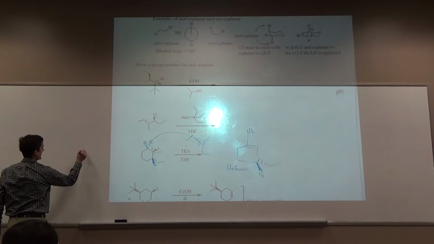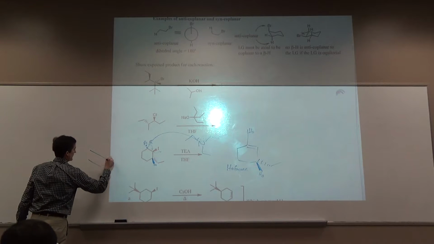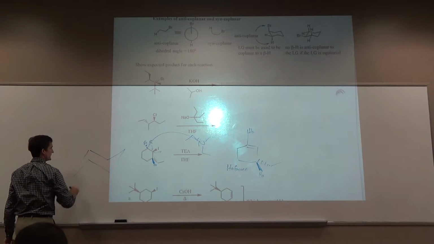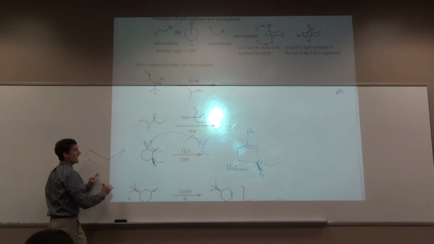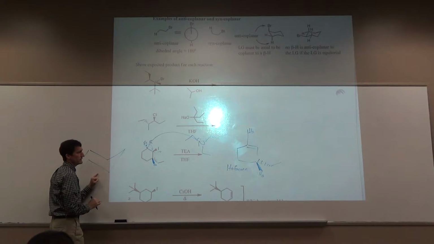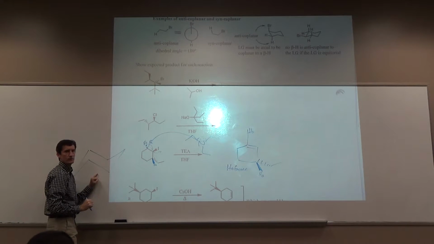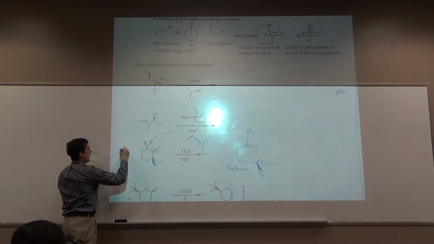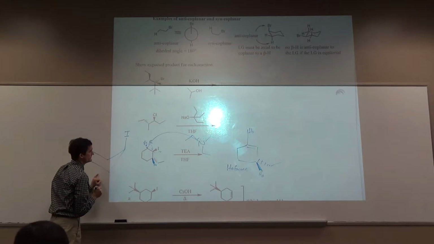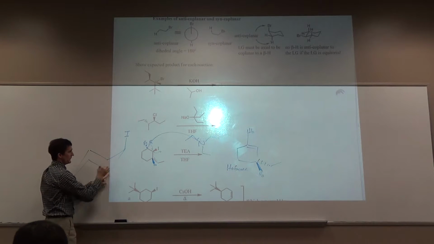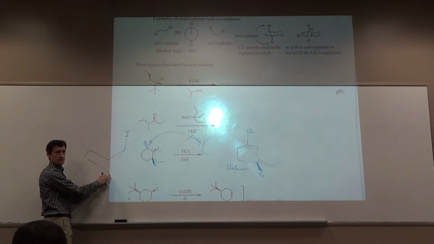Now, if we draw this in a chair conformation, we can see the anti-periplanar nature here. If I draw the iodine, first off, does the iodine have to be axial or equatorial? Axial. So if it's up, let's put the ethyl on the next carbon. How should it be drawn?